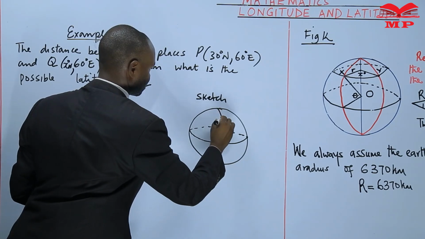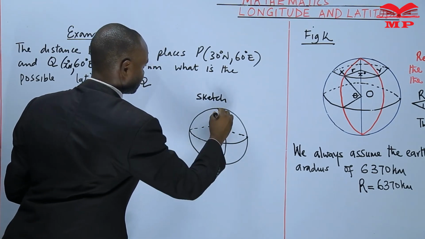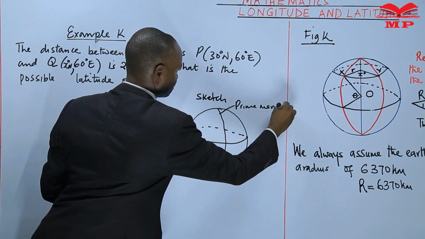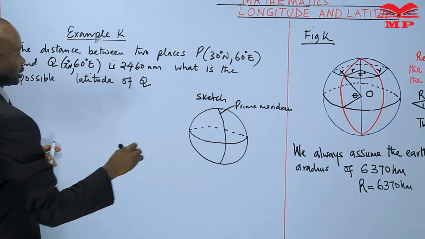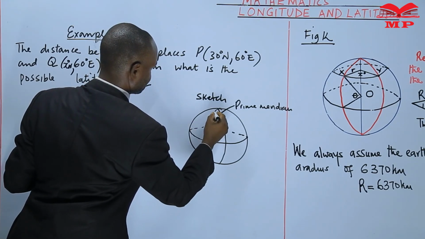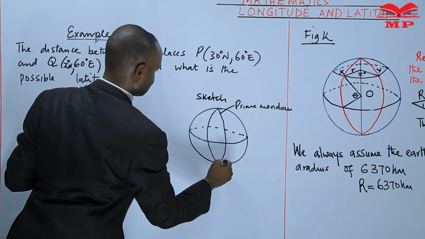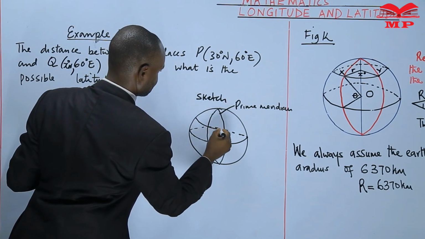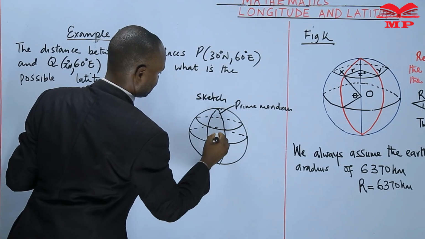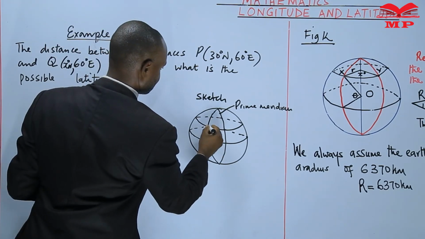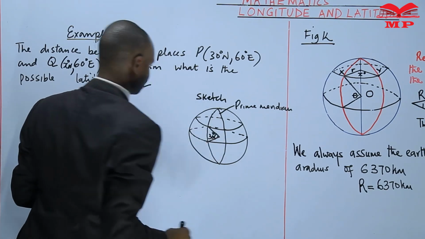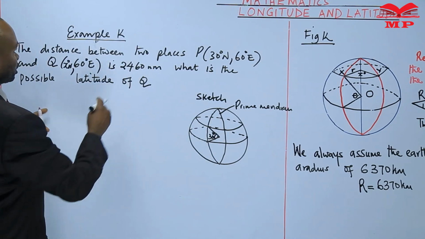So you can just have your Greenwich Prime Meridian. 30 degrees north will be somewhere here, then 60 degrees east. So you draw that. Have your good sketch, given that is the center. This will be the 30 degrees north. This is point P.